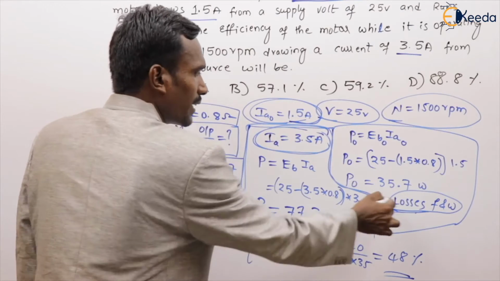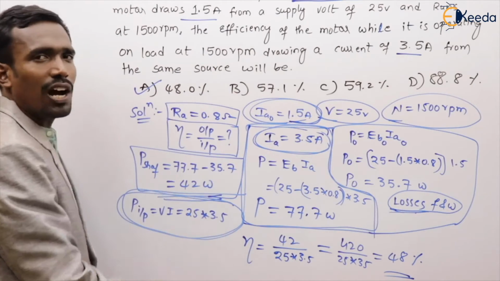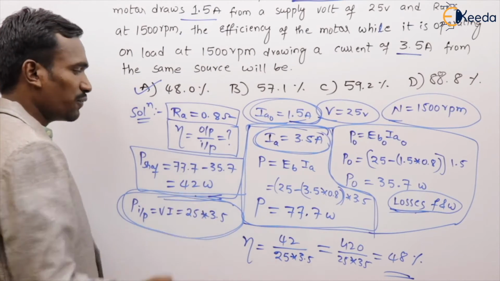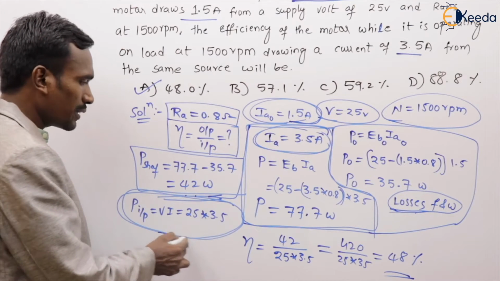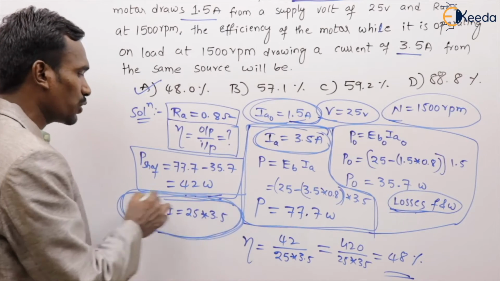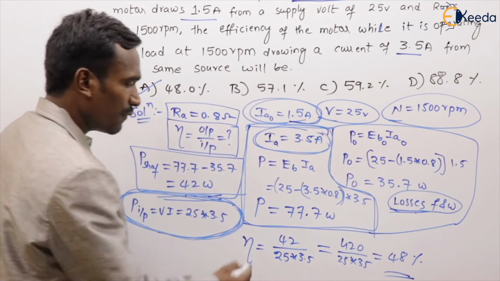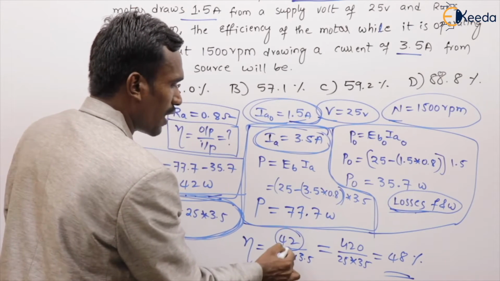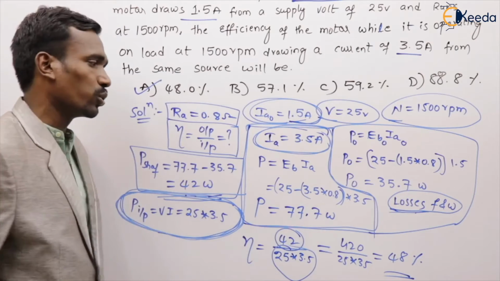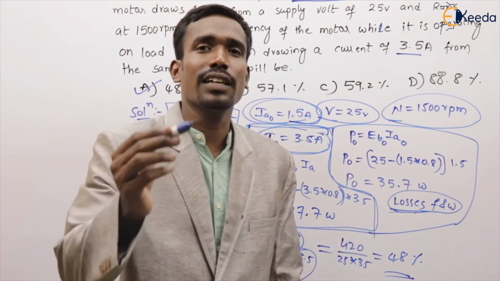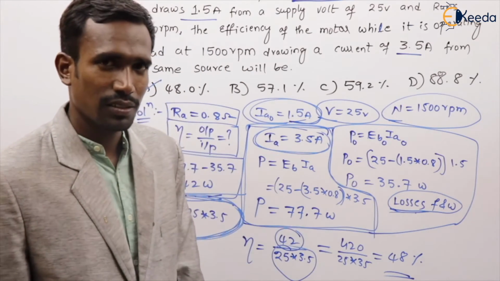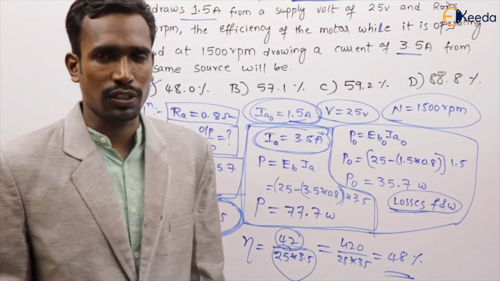So this minus this is the power at the shaft, which is the output. And input is V into I, 25 into 3.5. Then efficiency is equal to this 42 divided by this value. You can get 48%. Yeah, this is a very simple question.